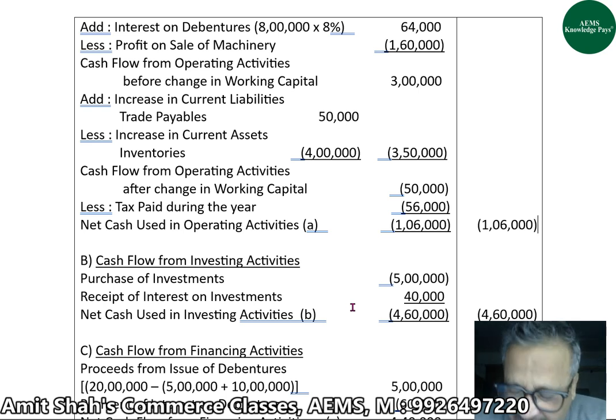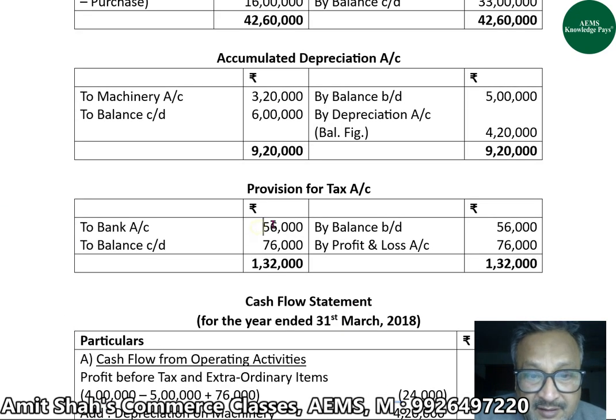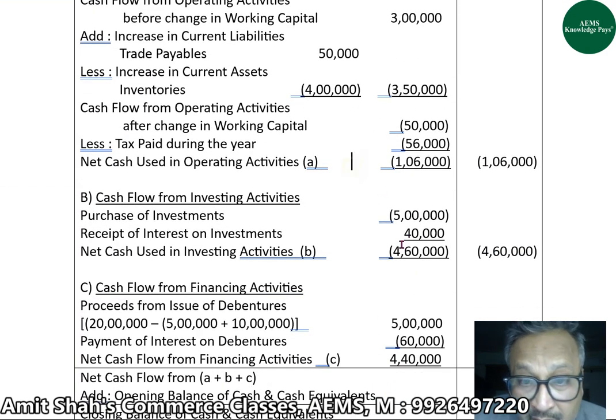So that is altogether a different subject for you people. That is income tax, where it's a big law. So you should not get into that. From accounting point of view, we have got that tax has been paid here, and that we have to treat accordingly with our knowledge of preparation of cash flow statement. Any other doubt? No, sir.